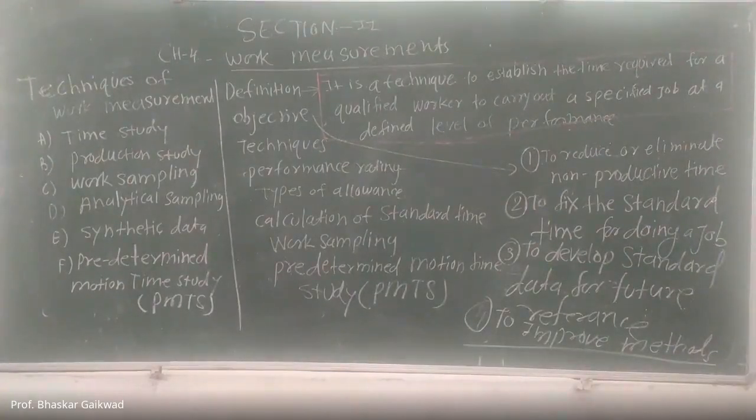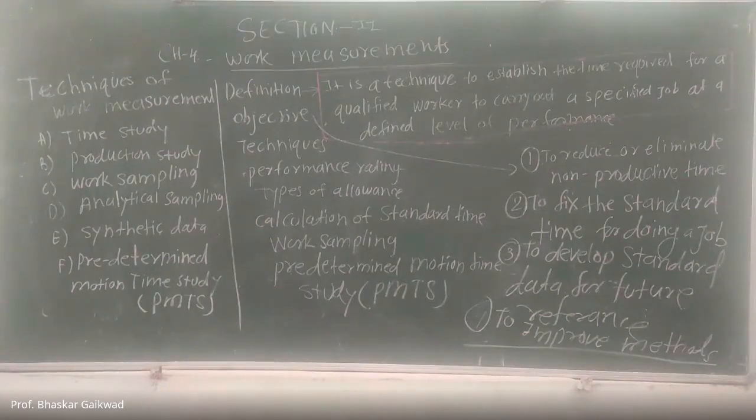Then second, to fix the standard times for doing the jobs. Standard time means, first of all, we observe the time required to complete the job by a qualified person having 100% performance. Then observed time into performance rating gives you the basic or normal time.